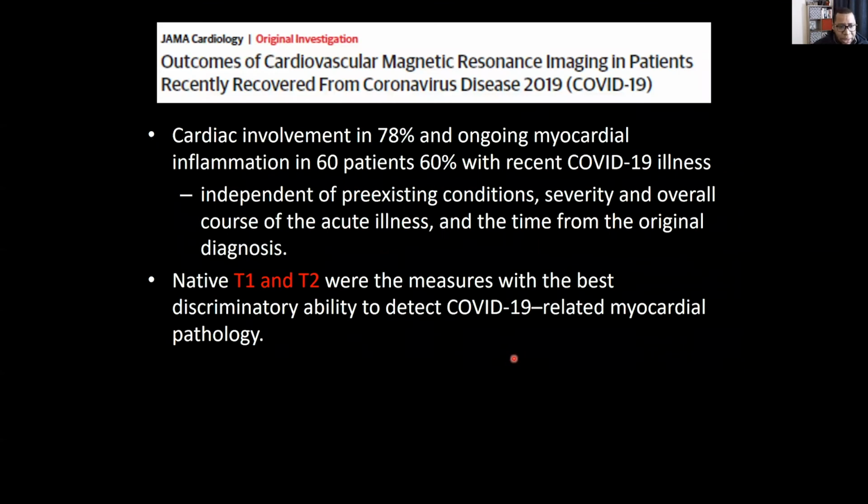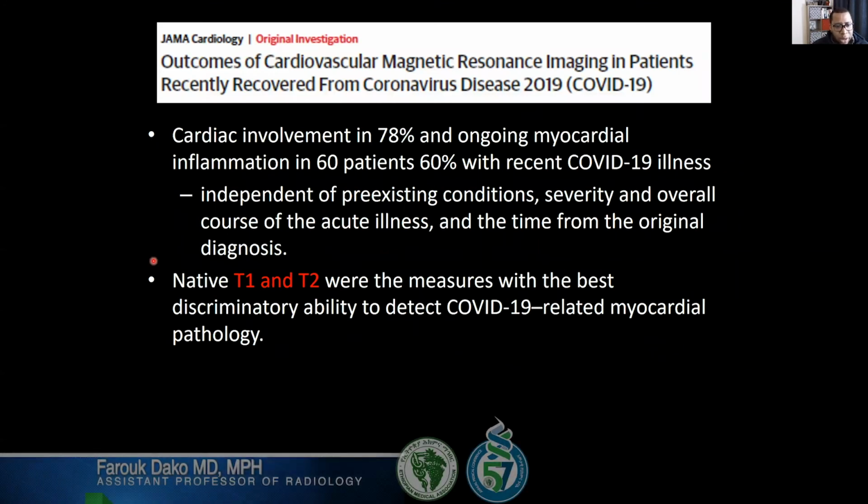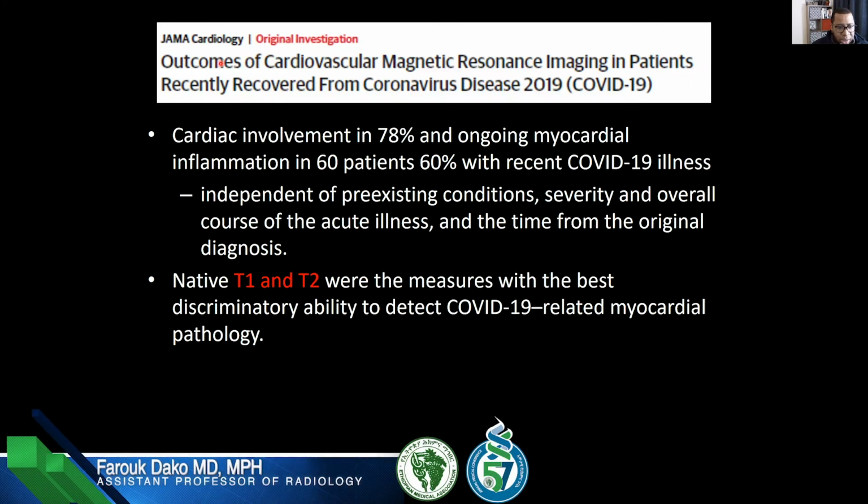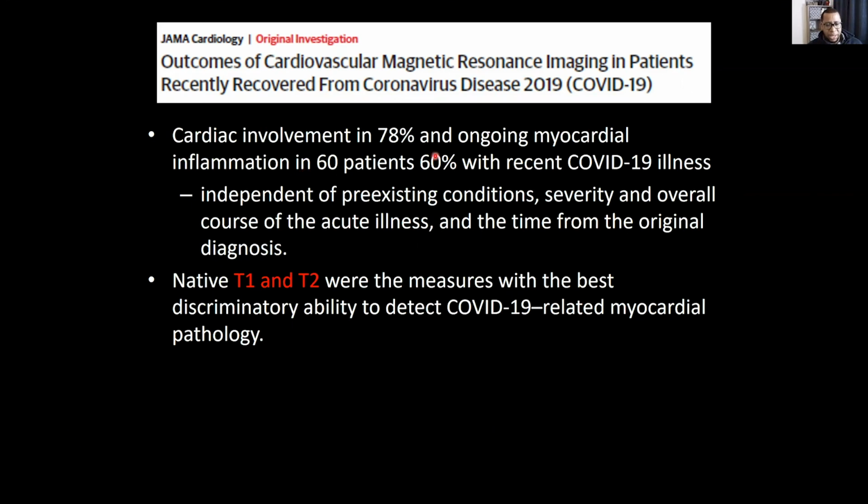So switching gears a bit, let's talk about the heart. So cardiac involvement in this study from JAMA Cardiology was seen in almost 80% of patients with recent COVID-19 illness. And ongoing myocardial inflammation was seen in 60% of these patients. So it was 100 patients total. So 60 of them, which is 60%, showed myocardial inflammation with recent COVID-19 illness.